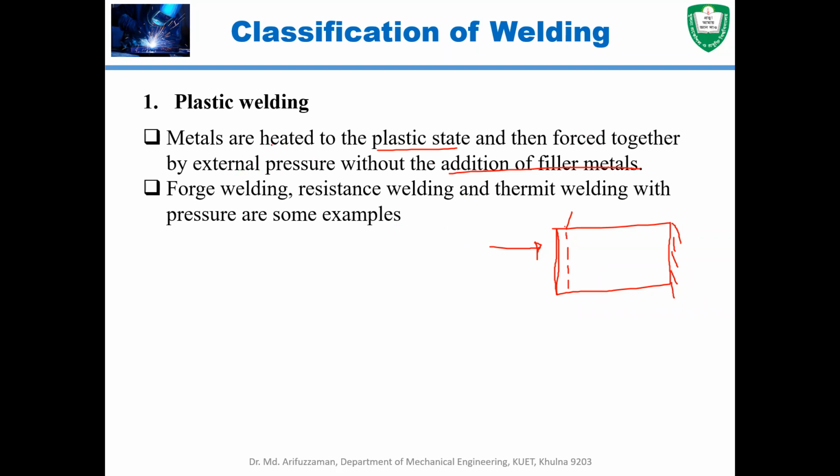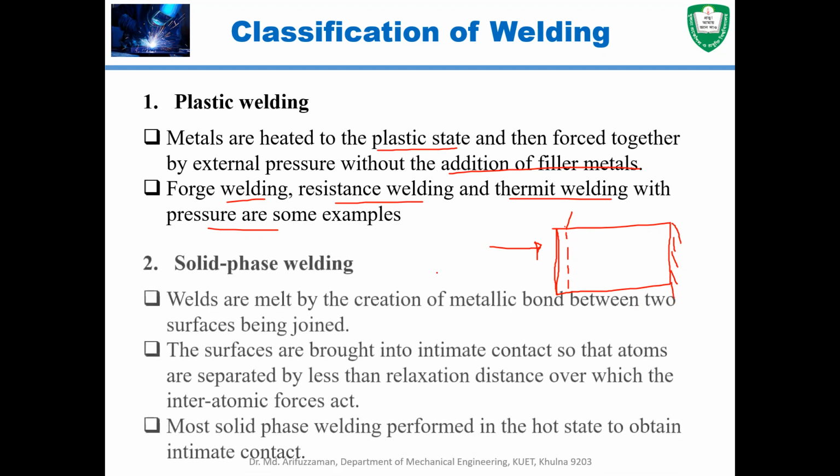We'll look at some plastic welding methods in later slides. The plastic weldings are like forge welding, resistance welding, thermal welding. The basic thing about plastic welding is that you have to take the material into the plastic state. You don't have to melt the material.